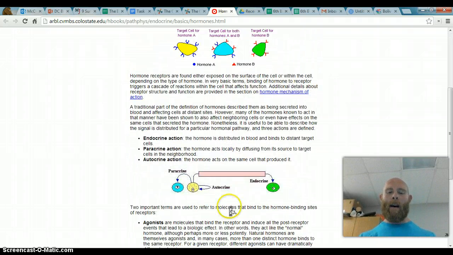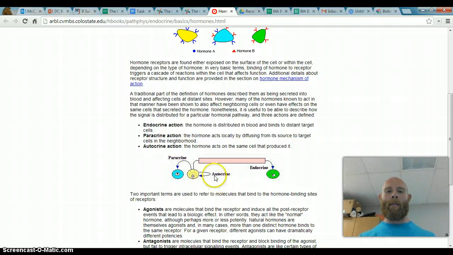In class, we talked a little bit about the different methods of signaling. There are three hormonal pathways. You get your paracrine signaling, like it mentions here, where hormones act locally. That means within a very short distance, and they diffuse out and cross the membrane. Whether they interact with a protein on the surface, or whether they actually diffuse into the cell and then interact with the receptor, depends on the type of hormone.